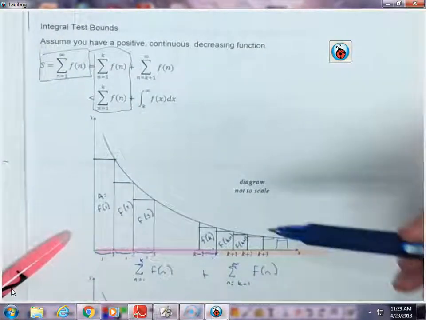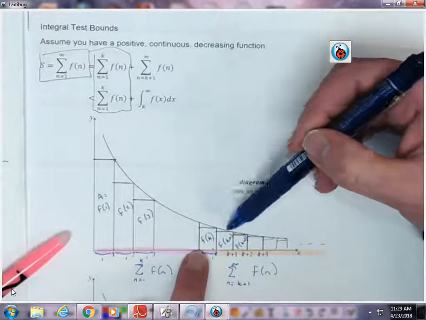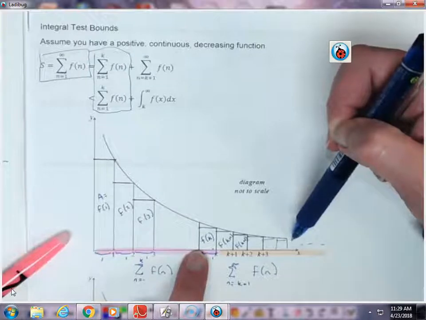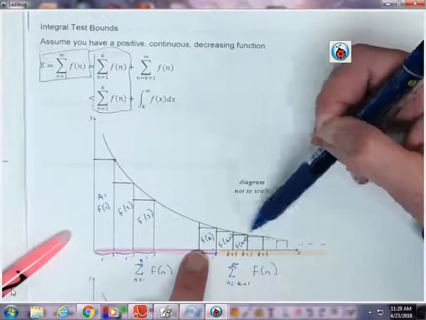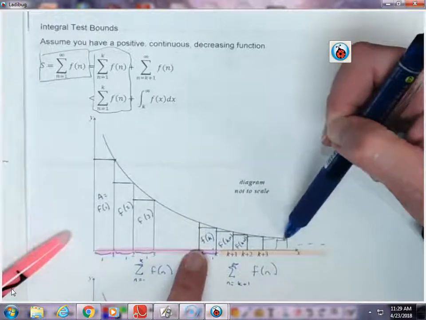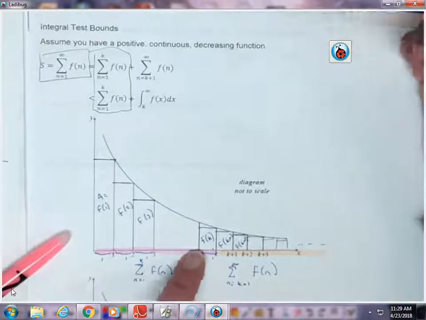If we integrate here, we can notice that in this particular situation the curve is above the rectangles. So if I take the integral of this, it would be larger than the rest of what I need.